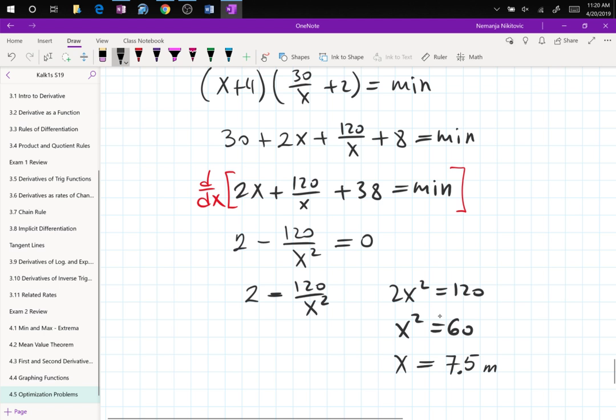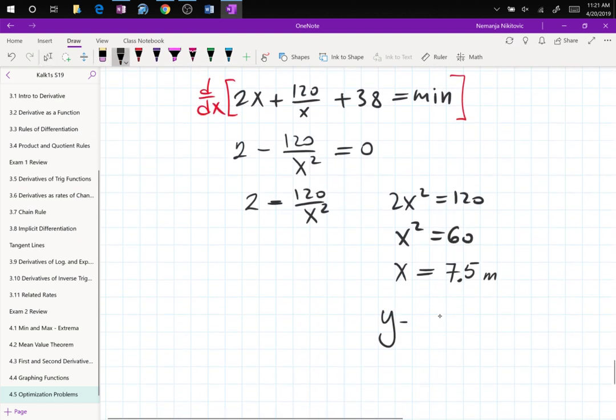And they're never negative. And now to find my y is 30 over 7.5. So 30 divided by 7.5 is 4.